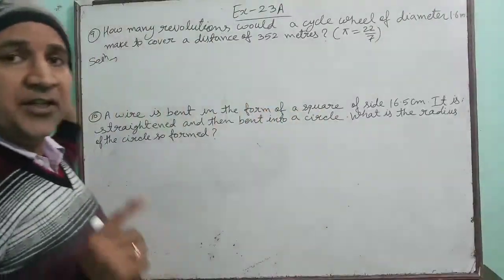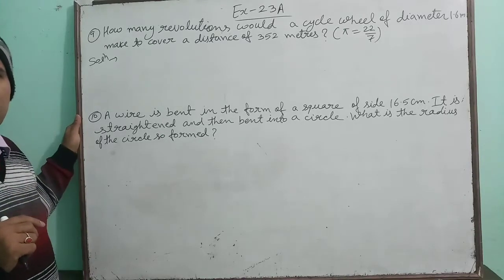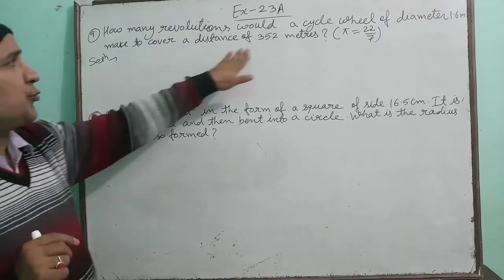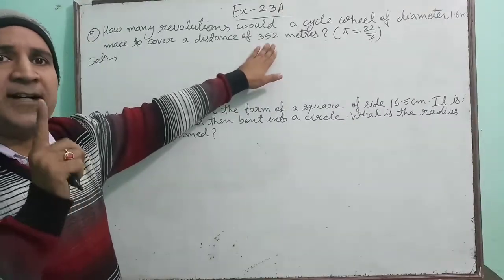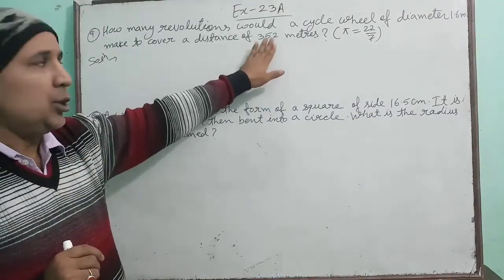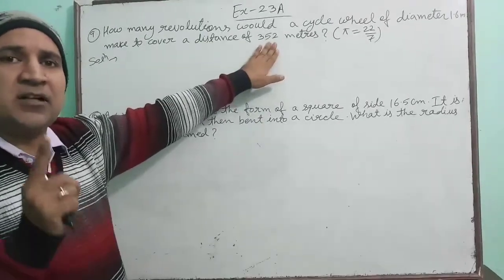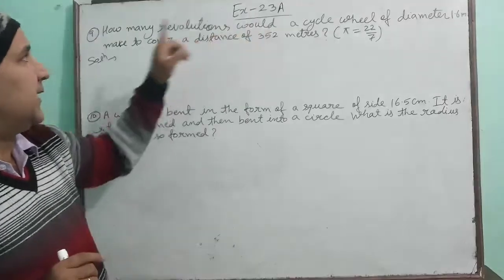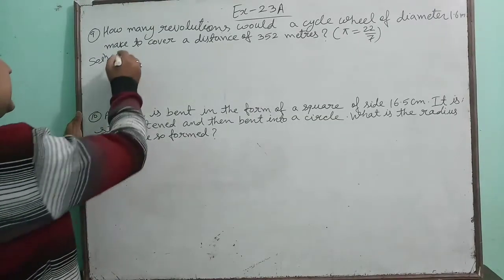And we know that distance in one revolution is equal to the circumference. If total distance is divided by distance covered in one revolution, then we can find the number of revolutions. This is the technique here.